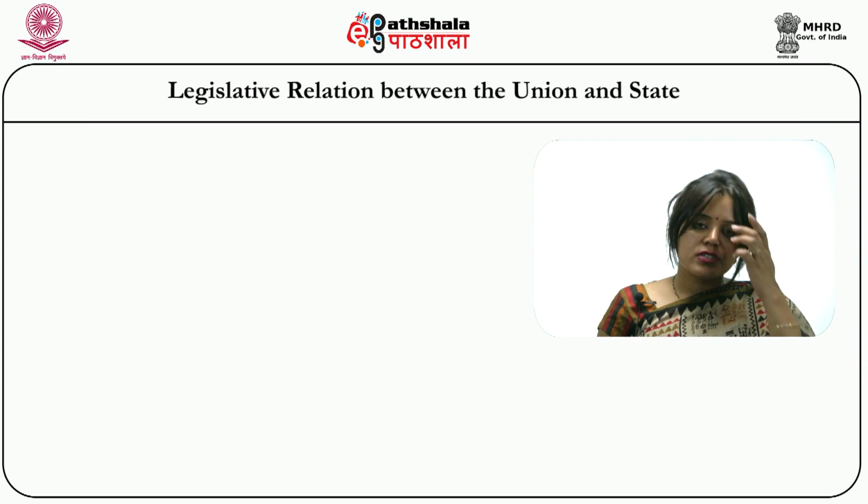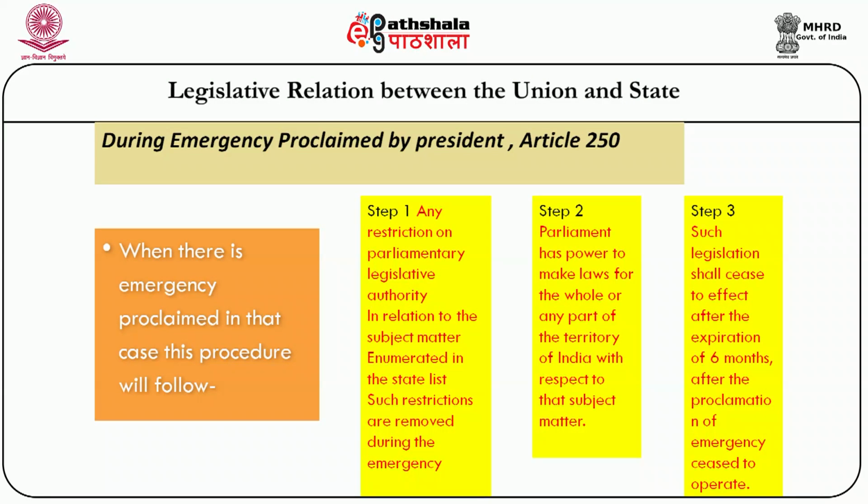The second situation is during an emergency proclaimed by the President, given under Article 250. Here again the procedure is stepwise. I will explain it to you. Any restriction on parliamentary legislative authority in relation to the subject matter enumerated in the State List, such restrictions are removed during the emergency.